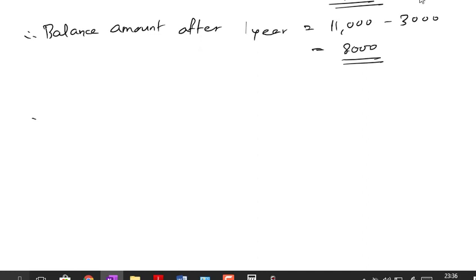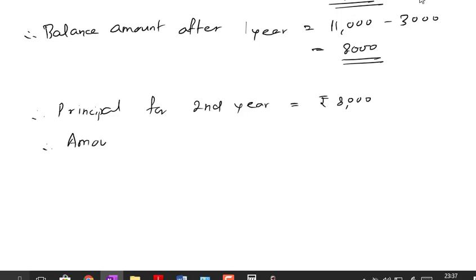So therefore I will say that principal for second year is rupees 8,000. Therefore amount after second year will be A2.